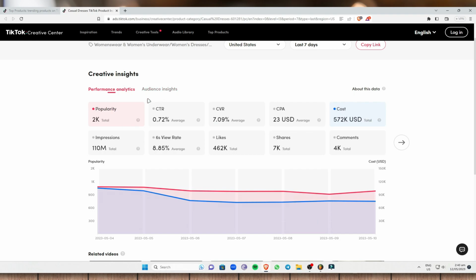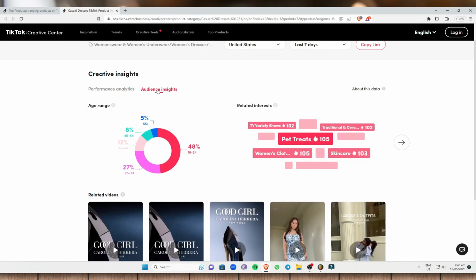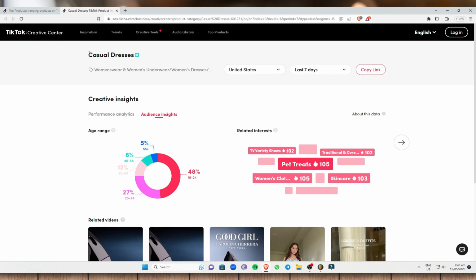What I want you to see is right here, the audience insight. So as you can see, we have the age range on what are the ages that this casual dress product is popular with. So as you can see, this is the approximate percentage of viewers associated with different age ranges. So only available for age ranges above 18 years old.